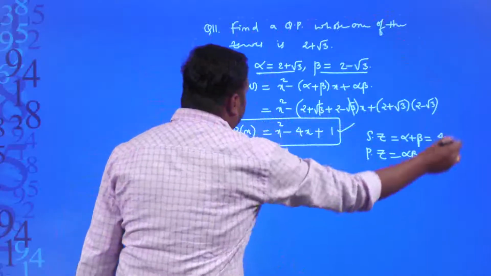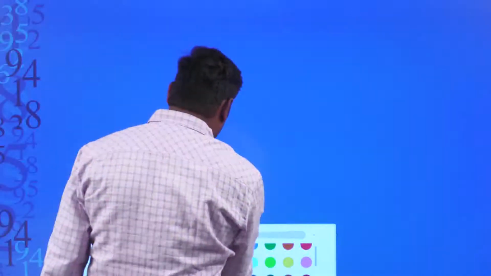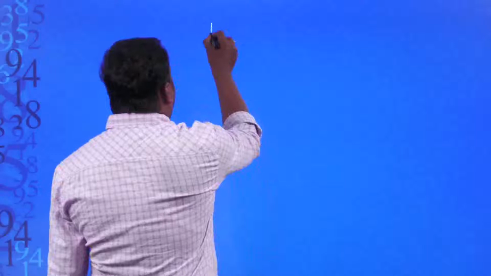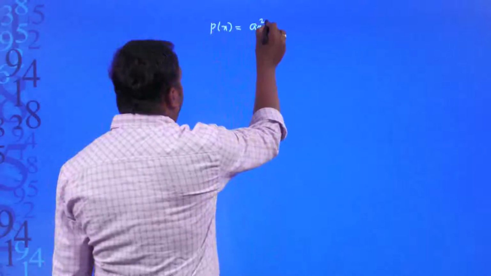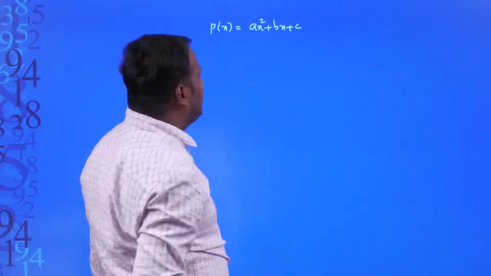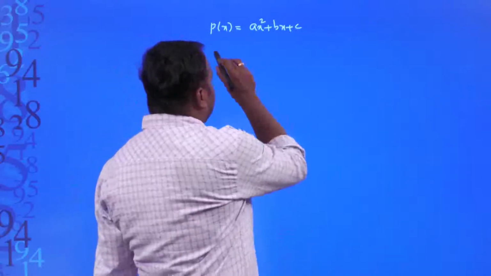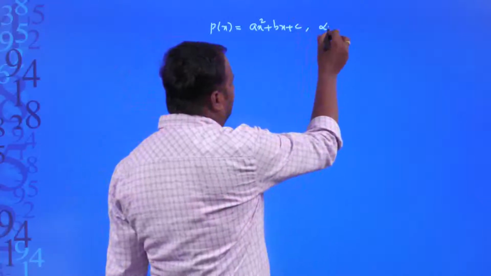For that, I am going to take the standard form of the second degree polynomial, that is p of x is equal to ax square plus bx plus c, right. And moreover, let us consider the zeros of this polynomial are alpha comma beta.